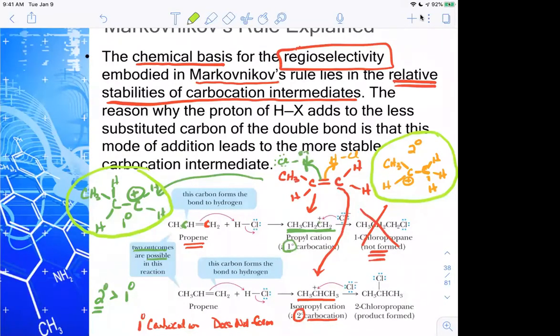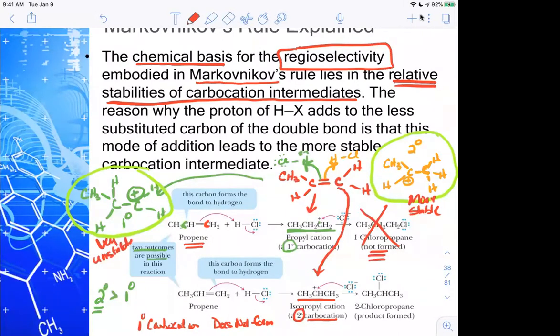If I look at the reaction mechanism and I look at the two intermediates that could potentially be formed by the addition of hydrogen both ways, I can clearly see that this is a more stable carbocation. This is very unstable.